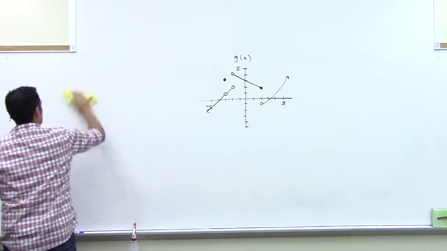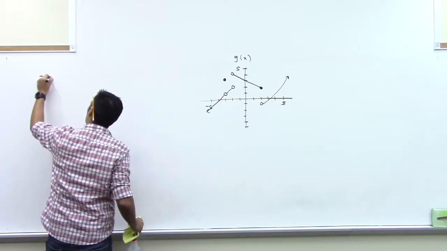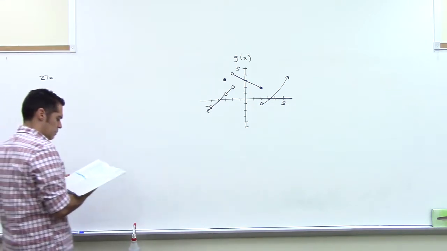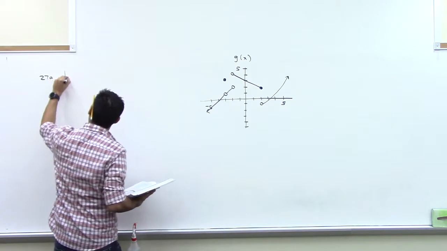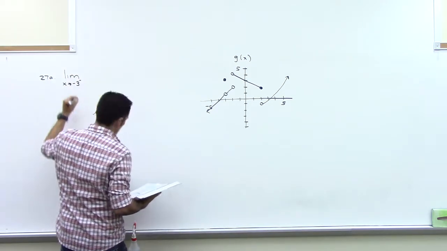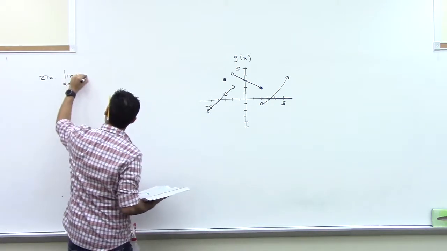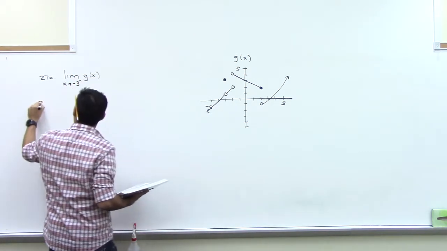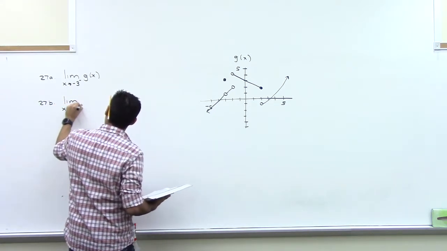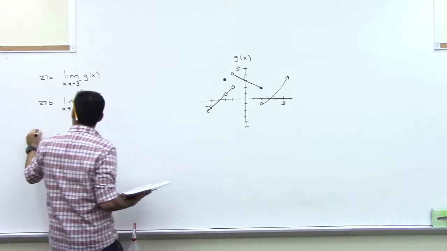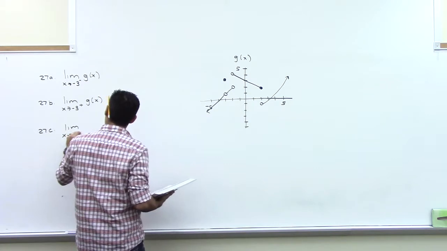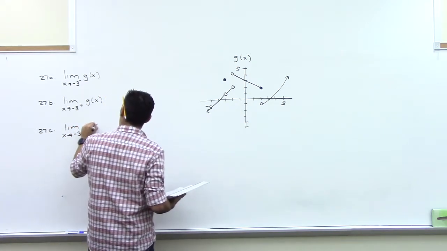For 27, part A, we are asked the limit as x approaches -3 from the left on the function G. Then for part B, the limit as x approaches -3 from the right of this function G. And then 27C, we're asked the limit as x approaches -3, this time from both the left and the right.